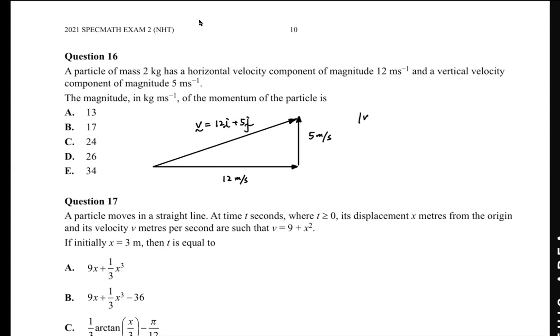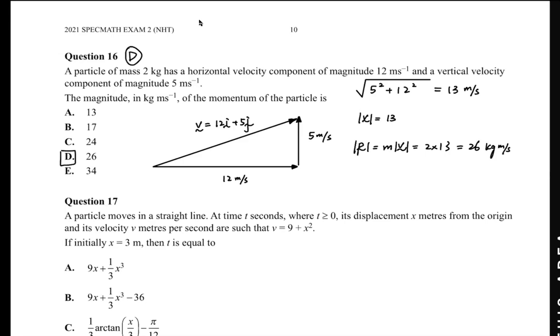The magnitude of the resultant velocity should be 13, okay? Because you just used your Pythagorean triad. 5 squared plus 12 squared gives you 13 squared. Take a square root, gives you 13 meters per second. So the magnitude of the momentum will be mass times the speed, which is 2 times 13, 26 kilogram meters per second. Not bad.